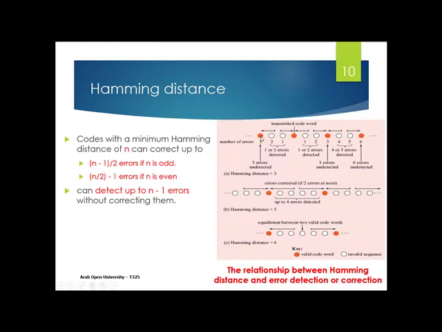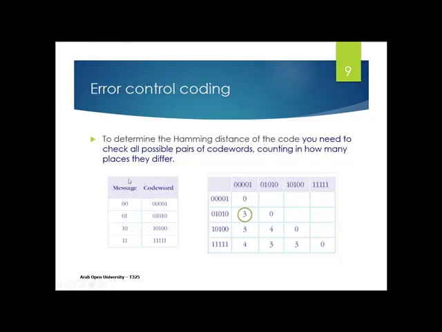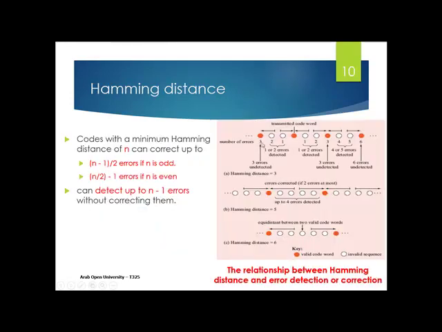So let's suppose that I want to send this code word, and during the transmission I have 1 bit in error. This 1 bit error will move this code word to this incorrect code word. At the reception, the receiver will receive this value. So it will check the list of code words that are available, similarly to this table. It will check if the received value is among the existing code words. Since it is incorrect, it will not figure in the table of code words.